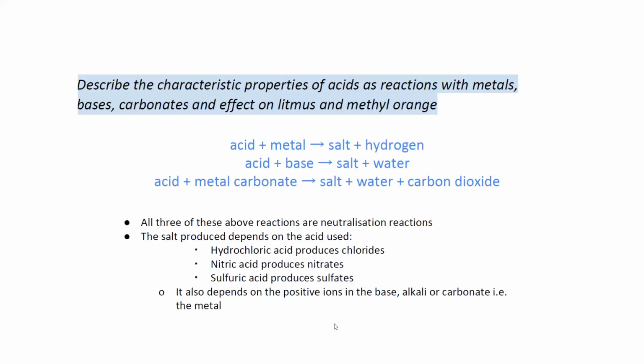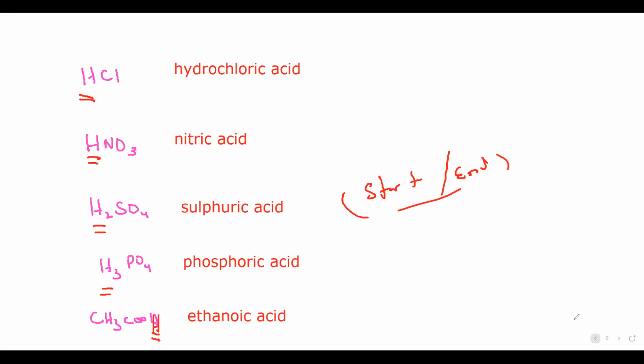Then these are some characteristics of acids. What are the characteristics or reactions of acids? Whenever acid reacts with metal, it will give salt and hydrogen. If it reacts with metal oxide or metal hydroxide, it will give salt and water.